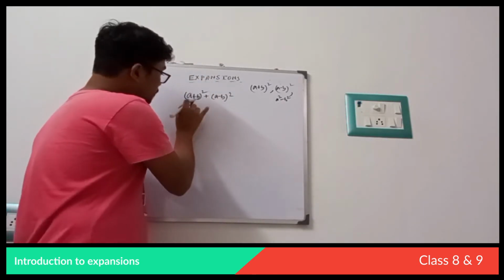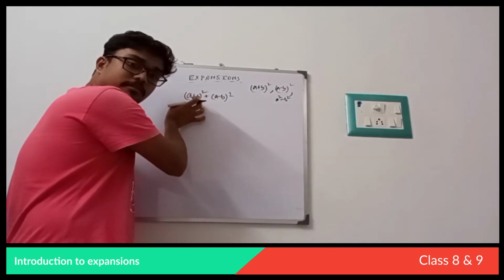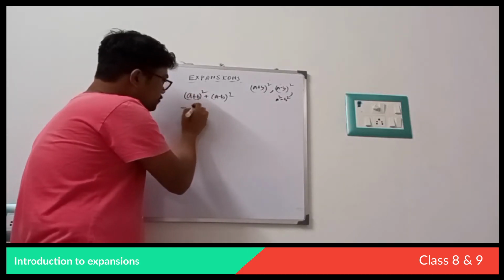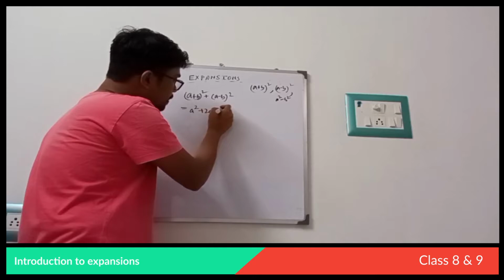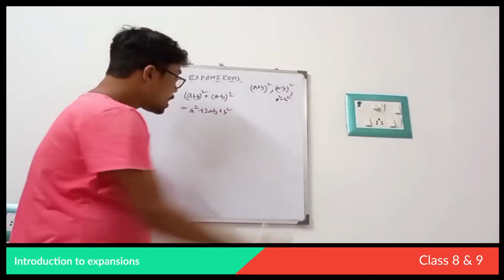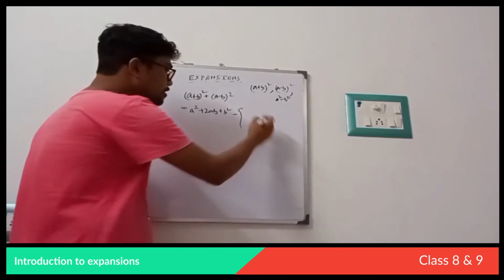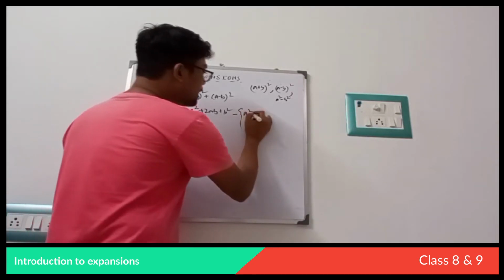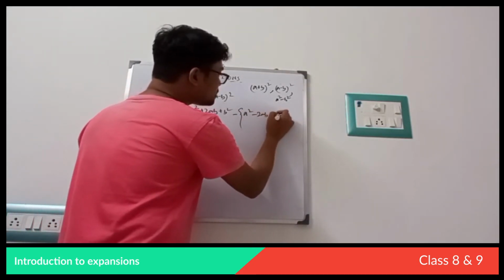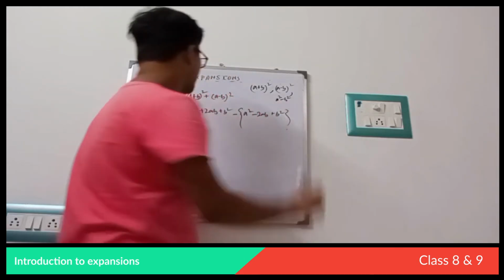Look very carefully. What is the formula of a plus b whole square? A square plus 2ab plus b square. What is the formula of a minus b whole square? A square minus 2ab plus b square.